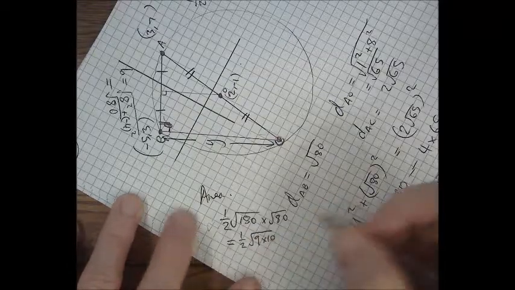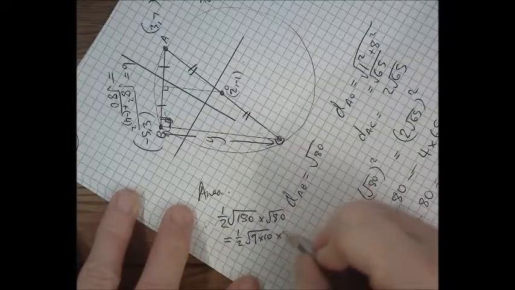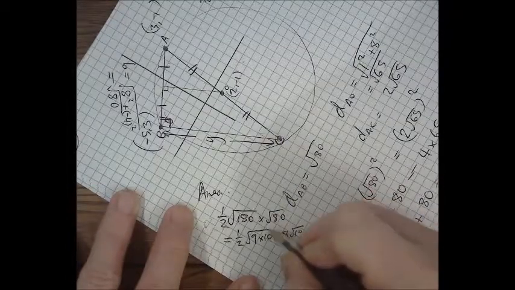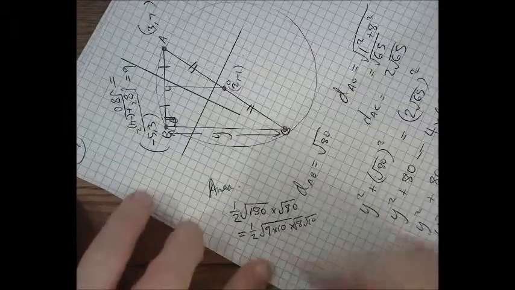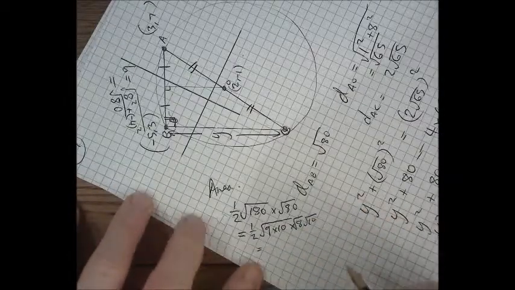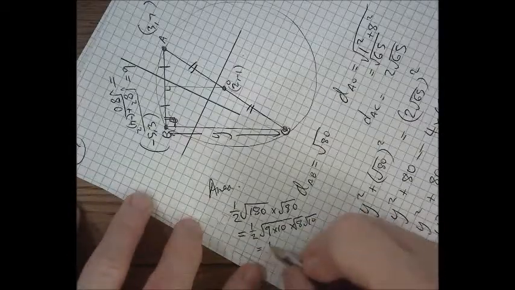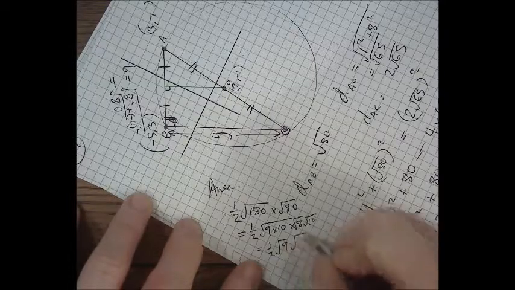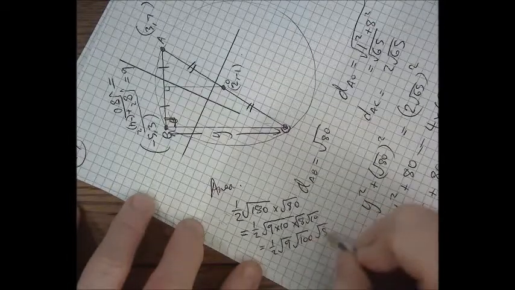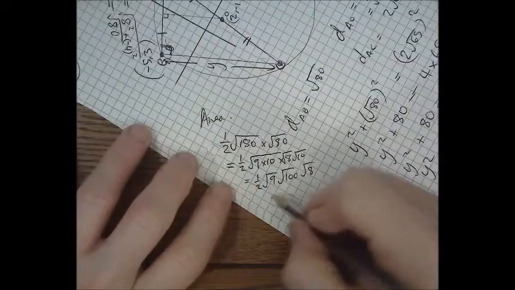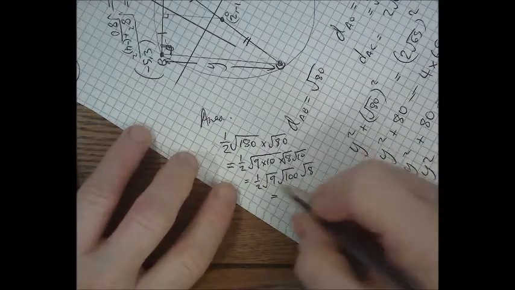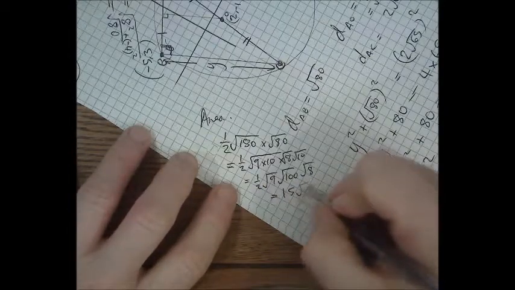Prime factorizing, or at least factorizing, is always a good idea. So we've got a square root of 9, a square root of 100, and a square root of 8. So that's half times 3 times 10, which is 15 root 8.